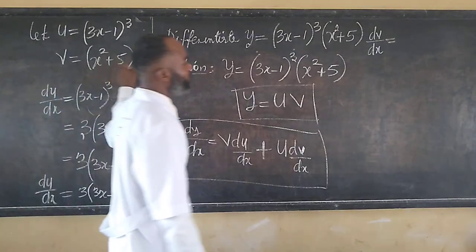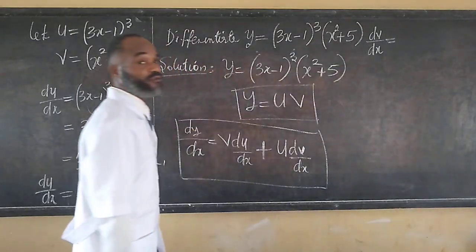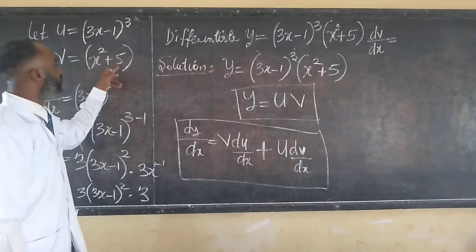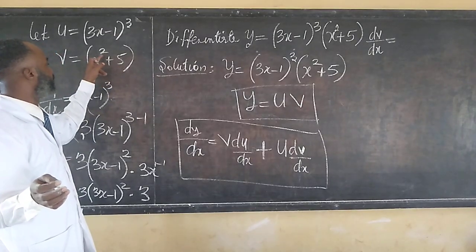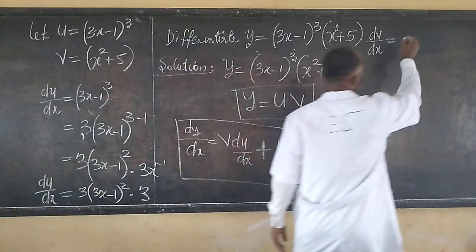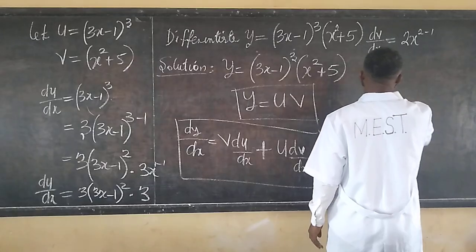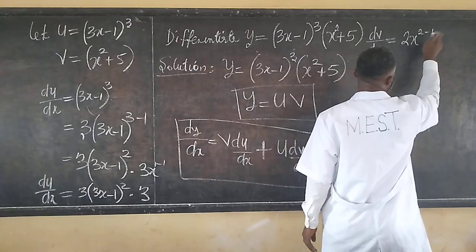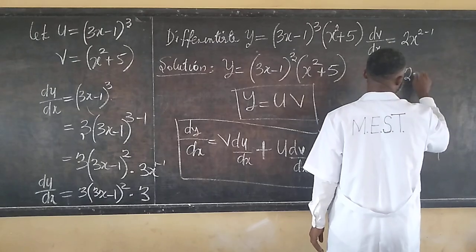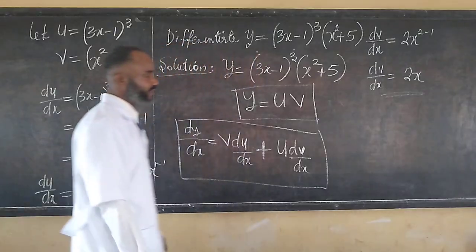When we differentiate a constant term, the constant term here is 5, it vanishes and we are left with just x squared. Differentiating this simply gives us 2x, then 2 minus 1. So dv/dx is equal to just simply 2x.